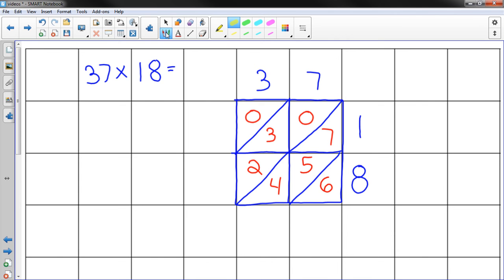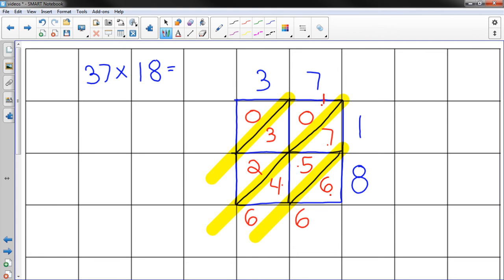Now I'm going to add. So I'm going to just show you those rows. I'm going to start with the 6 down here because that's in the 1's place value. So there's 6. And then I move up to the next one and I have 7, 5, and 4. Well, 7 plus 5 is 12, and 12 plus 4 is 16. I put the 6 here, and I carry the 1.